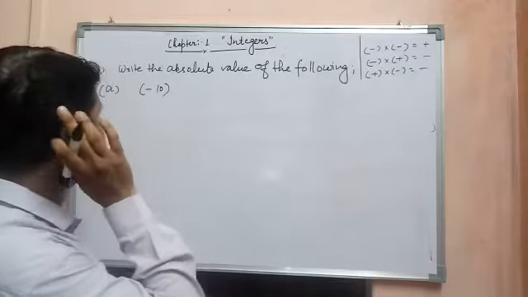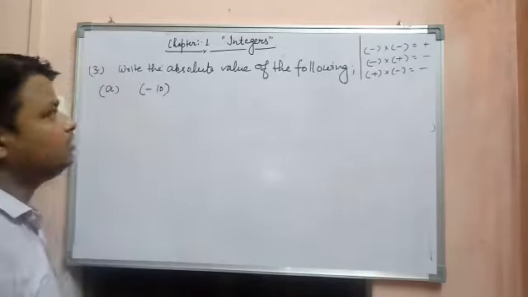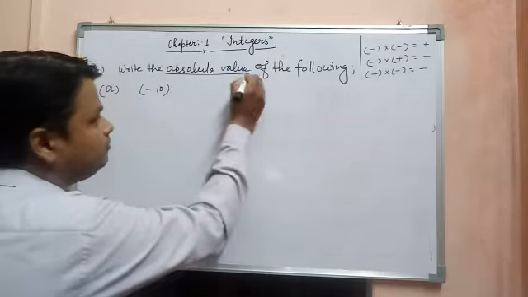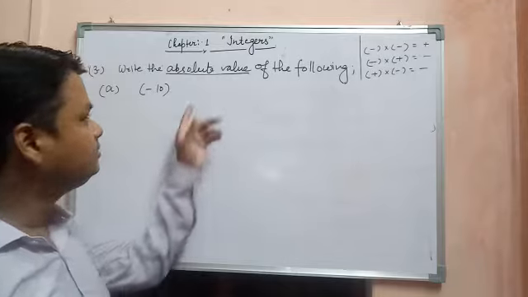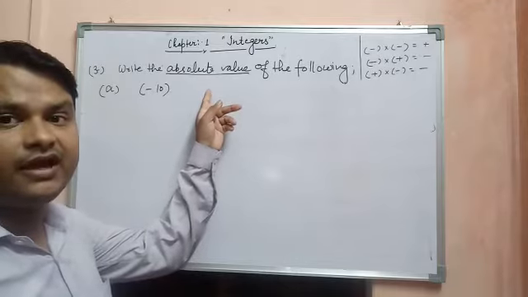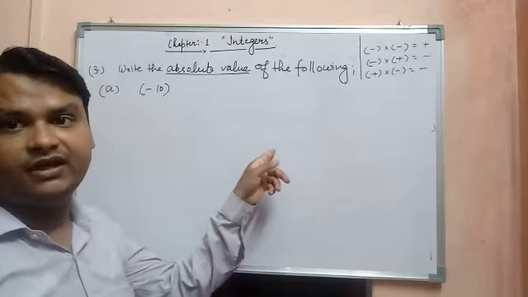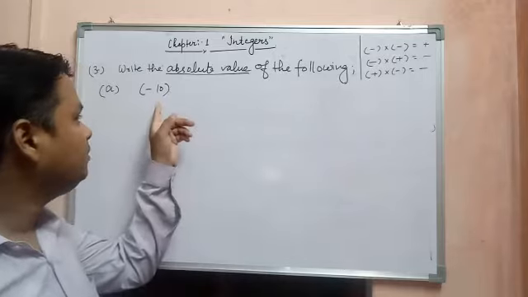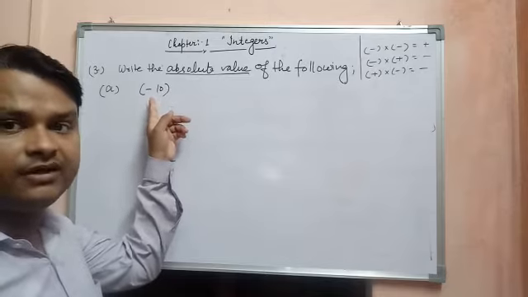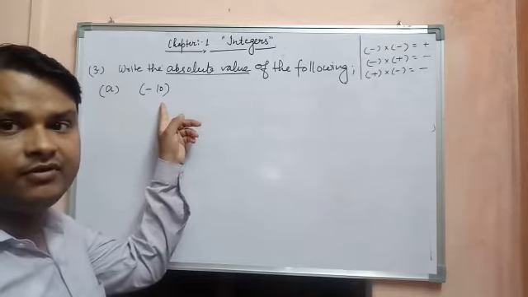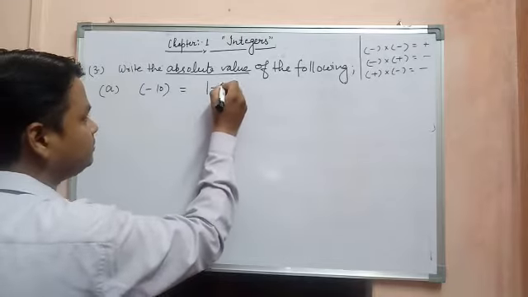Question number 3: write the absolute value of the following integers. What is the absolute value? Absolute value is the distance of any integer from 0 irrespective of direction. It means if -10, the absolute value of -10 is denoted this way: you write the number in bars.